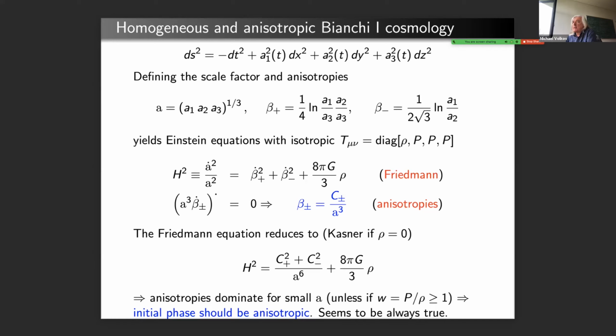However, by the same logic, when we go backward in time, anisotropies become dominant near the initial singularity, and that is why people usually think that the initial state of the universe, the state preceding inflation, must be strongly anisotropic. This argument seems to be quite robust.